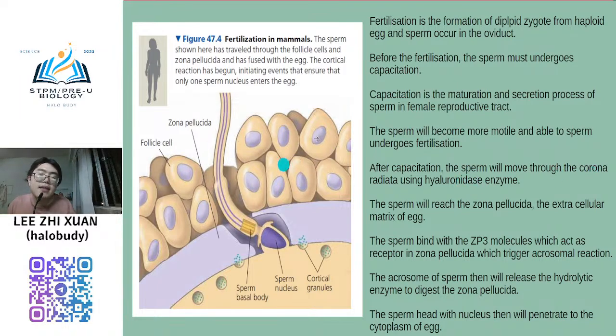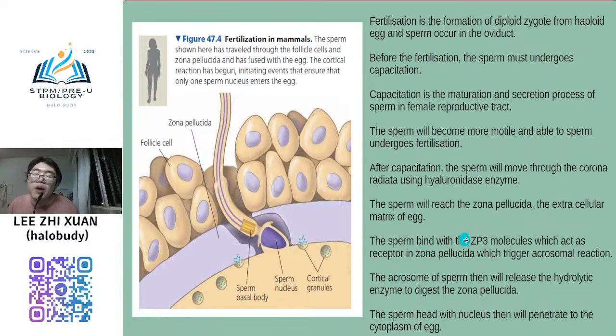There are many cells surrounding the secondary oocyte, so the sperm needs to pass through all these cells before it reaches the secondary oocyte. So it will release the enzyme we call hyaluronidase. After they use the enzyme to degrade all these cells, the sperm will enter.